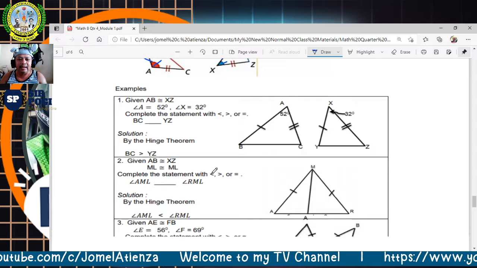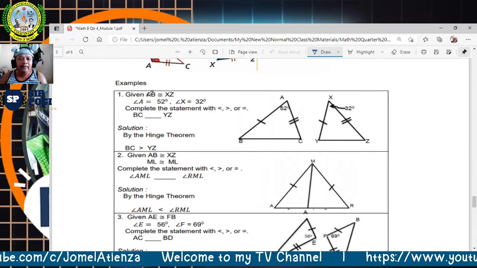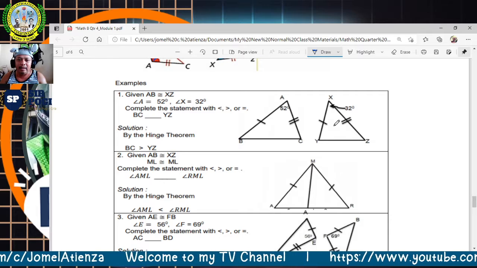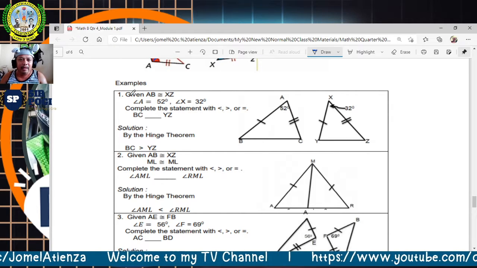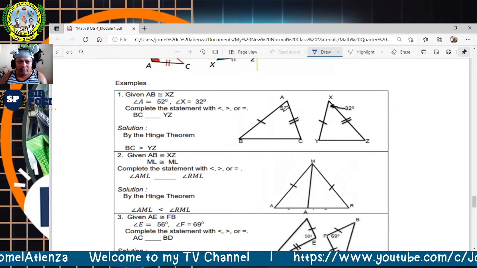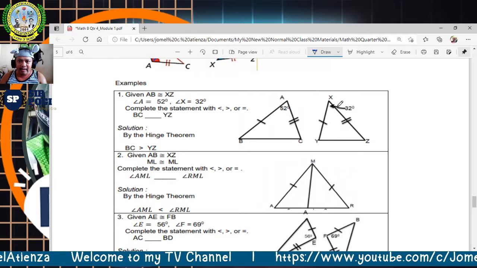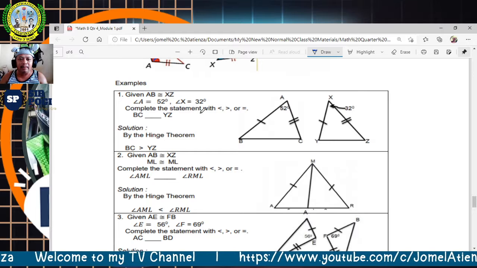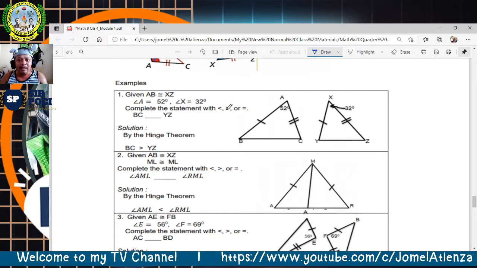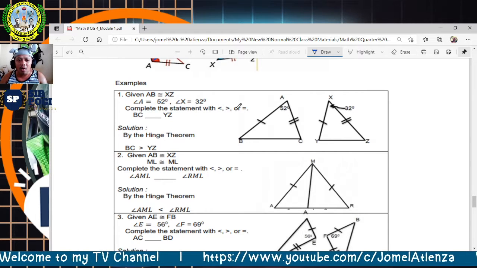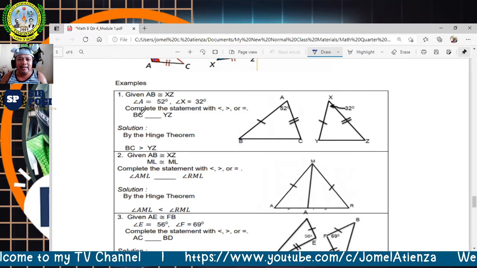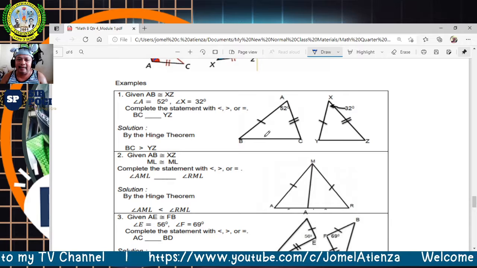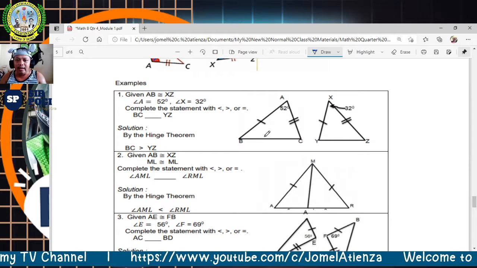So here are the examples. Given AB is congruent to YC, then angle A is 52 degrees, and angle X is 32 degrees. Complete this statement with greater than, less than, or equal to. BC is blank YC. Is it greater than, less than, or equal?